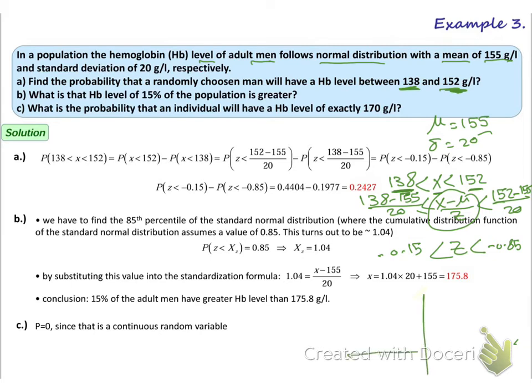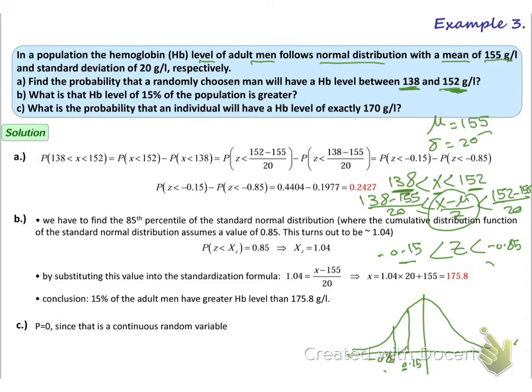So be careful, don't touch the x-axis. Both of them will be on the negative side, so I cannot present them here. Okay, be careful. So the one which is closer to 0 is minus 0.15, and this one will be minus 0.85.